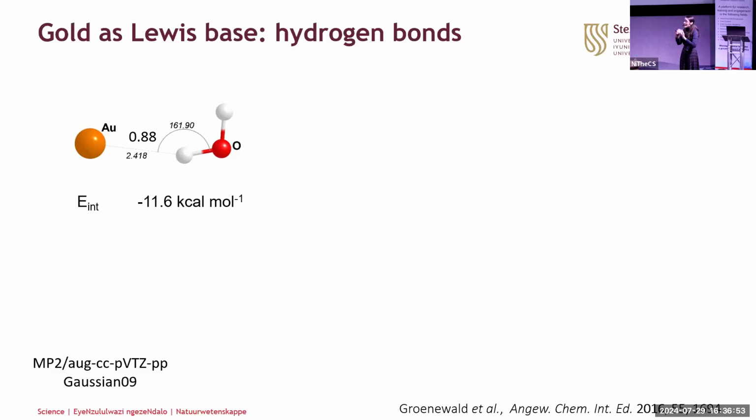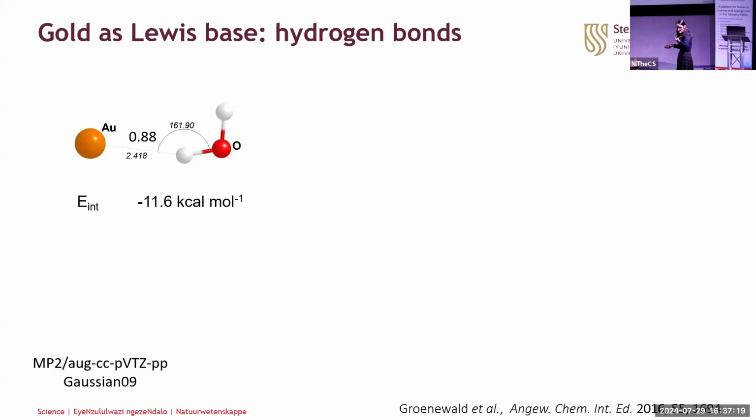And so anything less than the sum of the van der Waals radii would indicate that there's probably some kind of strong interaction that's pulling those two molecules together. And this is 0.88 of that distance. So in other words, it's implying that this is a fairly strong interaction, which agrees with the strength of the interaction that we see. This is on the strong side of hydrogen bonds.